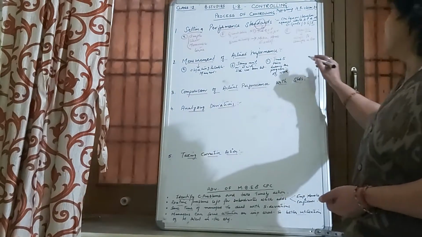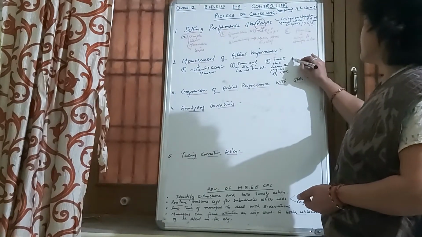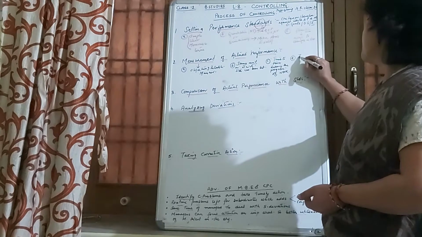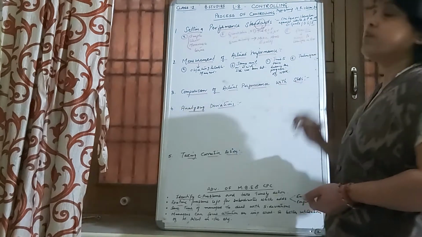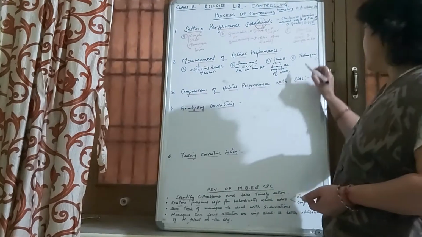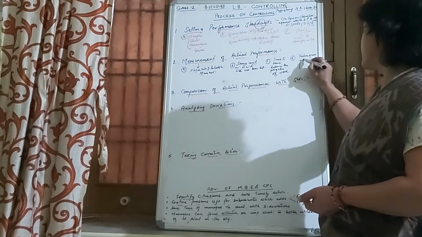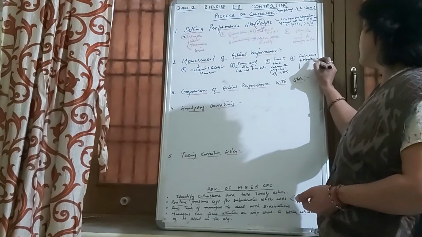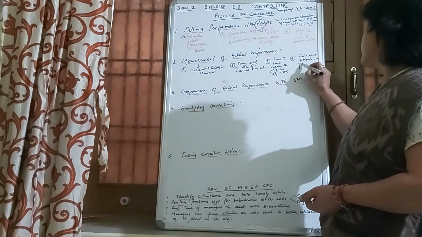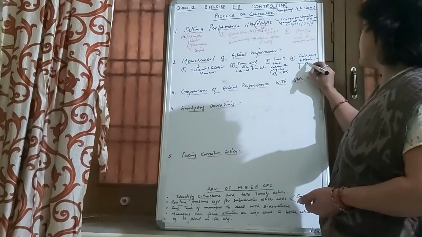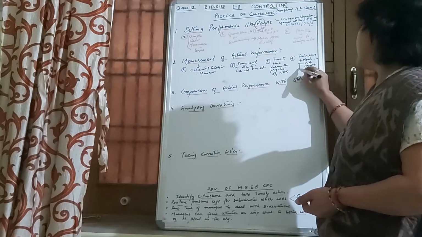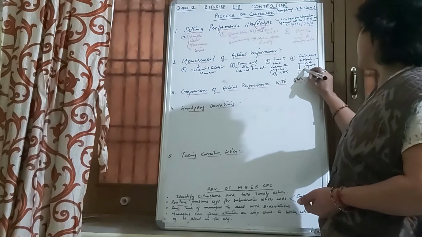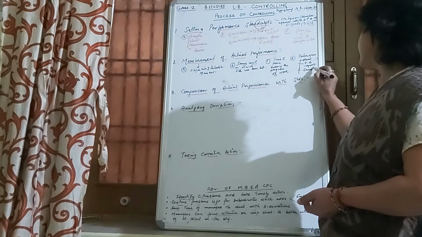Also, the fourth point, there are various techniques of measurement which can be applied. Sometimes it is the observation method, sometimes a performance appraisal report can help in measurement, sometimes there is sample checking.